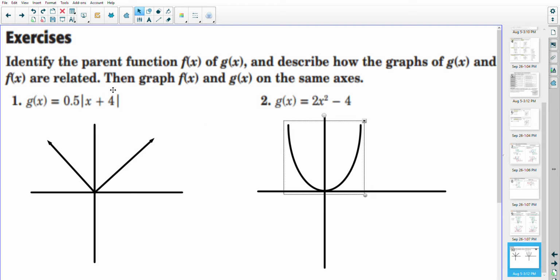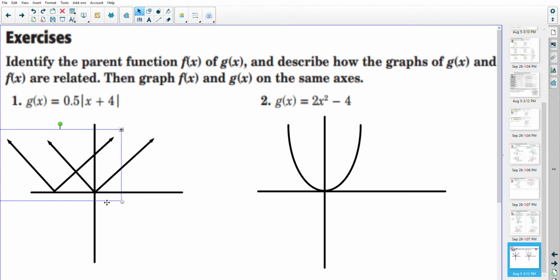If you look at the first problem, g of x equals 0.5 times the absolute value of x plus 4, I'm looking at how to move it first. You're going to see that this is going to be moving 4 units to the left, and therefore it's going to look like this.